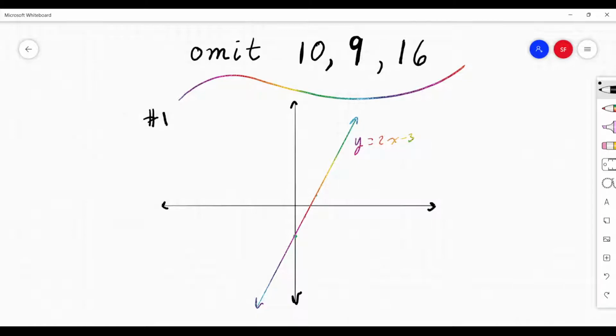Oh yeah, 10 we will skip, but 9 we should have done. But that's fine. We'll go back and do 9. And 16 is right. We should have skipped that. We will go back and do 9 because you need to be able to do that one. Number 17. The inverse of f of x is negative 1/5 x minus 6.